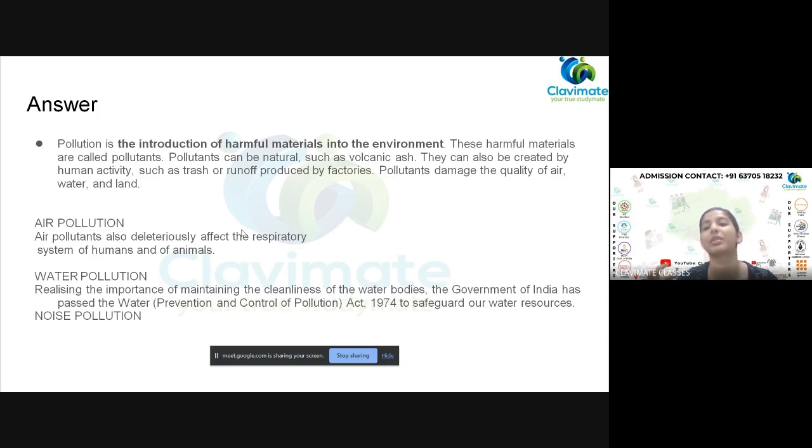There are three types of pollution: air pollution, water pollution, and noise pollution. When there is air pollution, you are causing harm to the respiratory system of humans and also of animals.